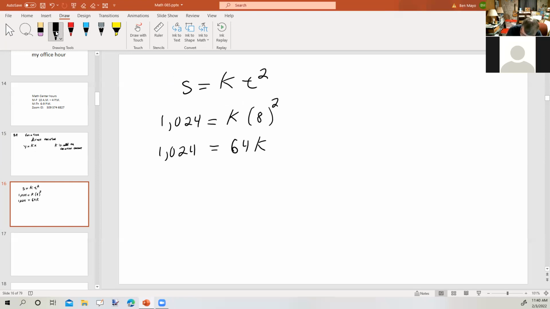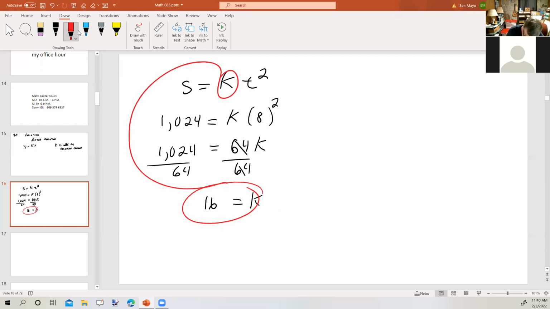I can now come back and divide both sides by 64. So on the calculator, 1024 divided by 64, and I get k equals 16. I then take that value and plug it in there.